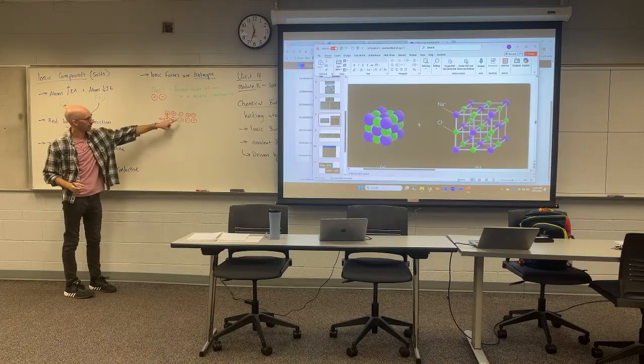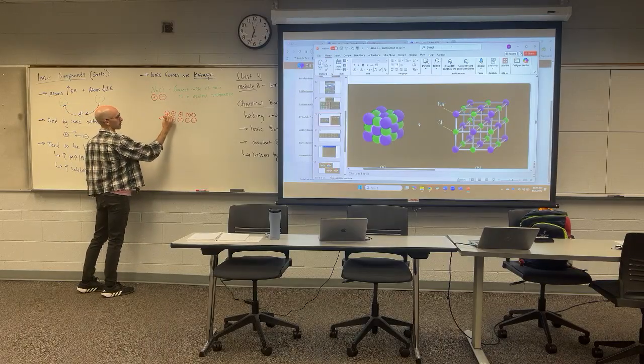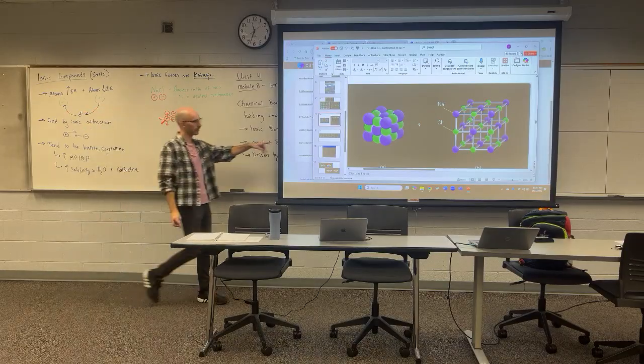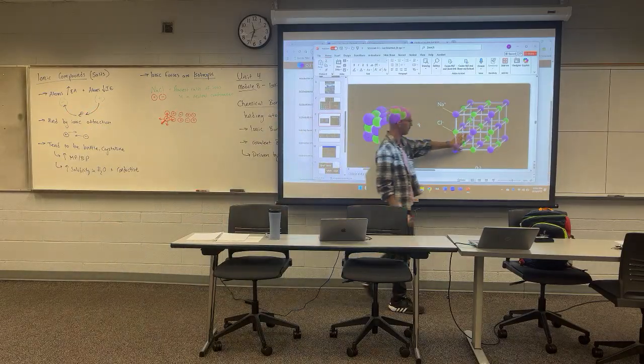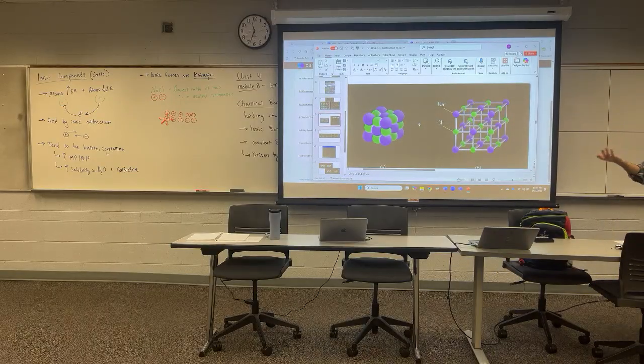I could show that up, down, left, and right, but it also goes backwards and forwards. You can see that a little better in this crystalline graphic. Yes, it does just end at some point. But NaCl is not just two atoms. It's not discrete. It's just the lowest ratio. You guys okay with that?